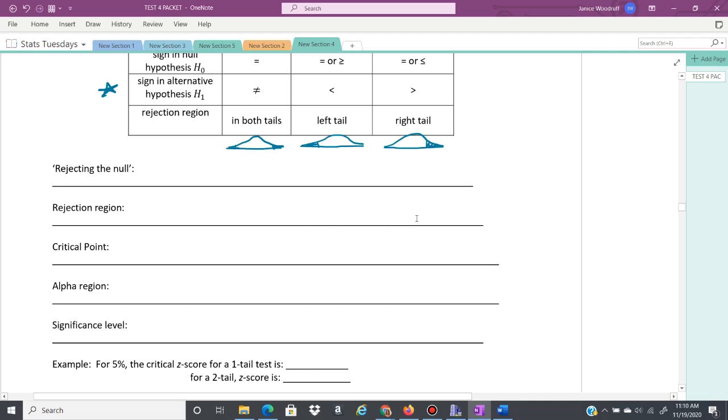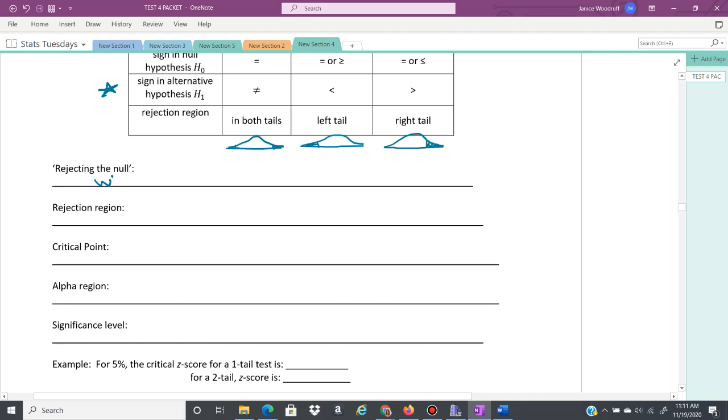All right, so when we do a hypothesis test, we use weird wording. We are not going to say true or false. We're going to say we're either going to reject the null or fail to reject the null. Okay, so rejecting the null means the null hypothesis is false.